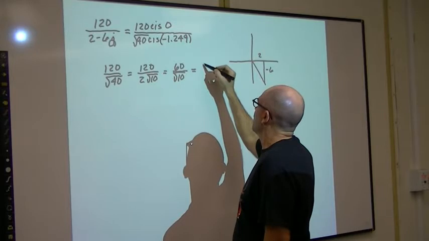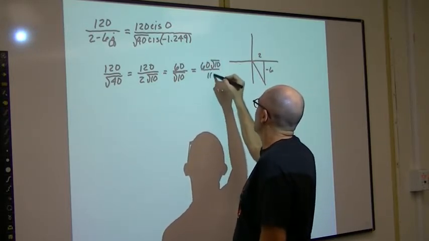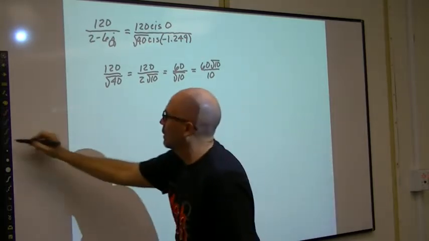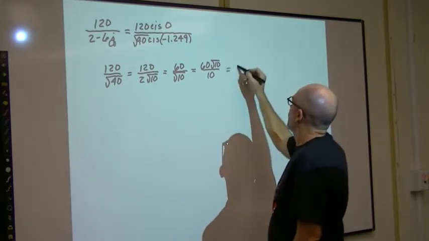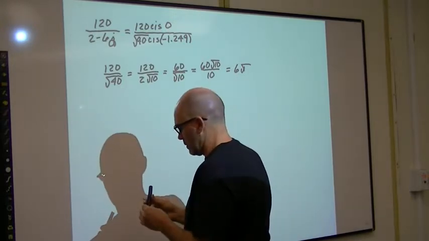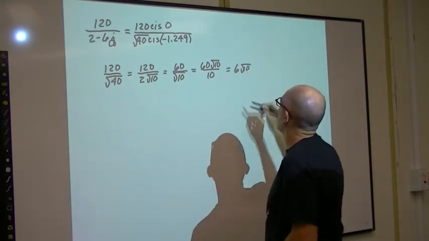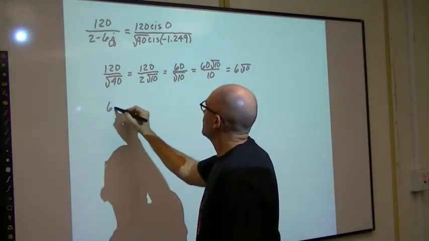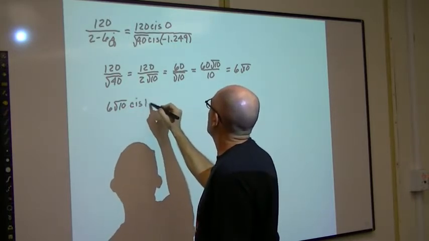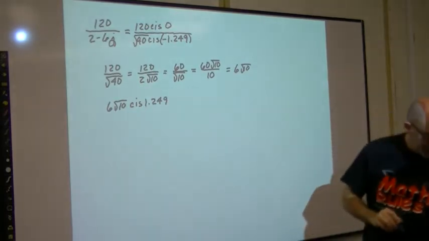So we've got 60 square root of 10 over 10, which equals 6 square root of 10. So I've got 6 square root of 10 cis 1.249. I have a feeling this is going to work this time.